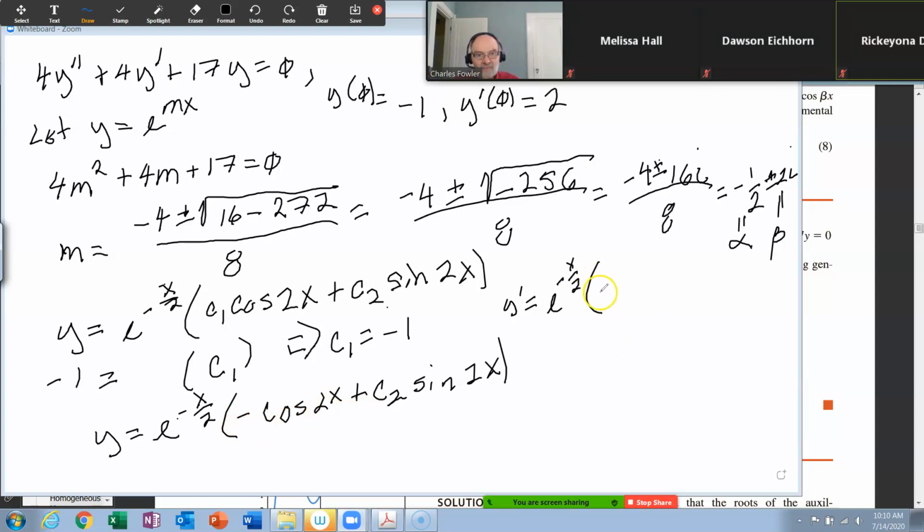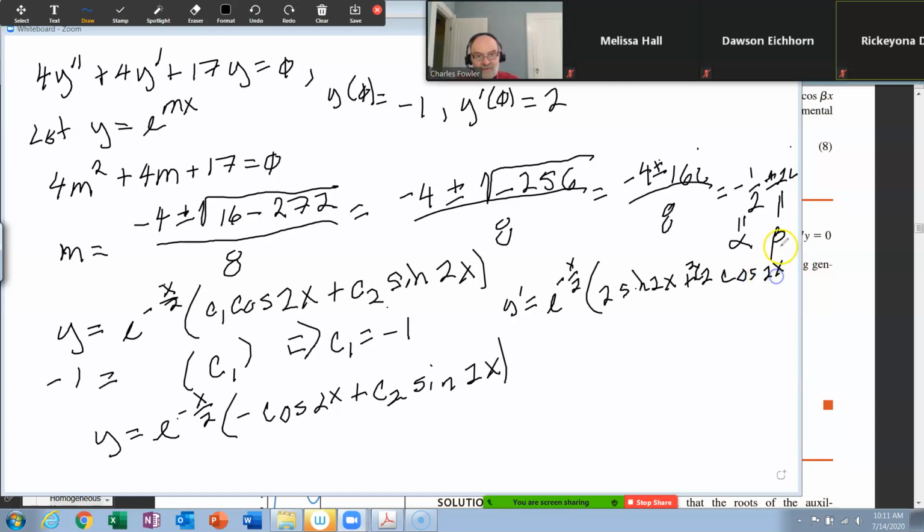So that looks like it's going to be a 2 times the sine of 2x. Do y'all follow that so far? Then plus C2 times the derivative of sine, which is cosine, but then you have a 2 in front, so it's 2 C2 cosine 2x.